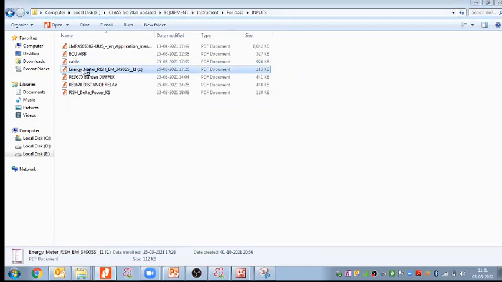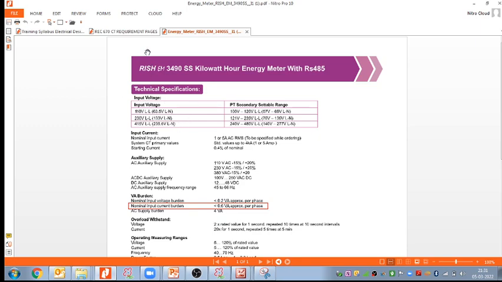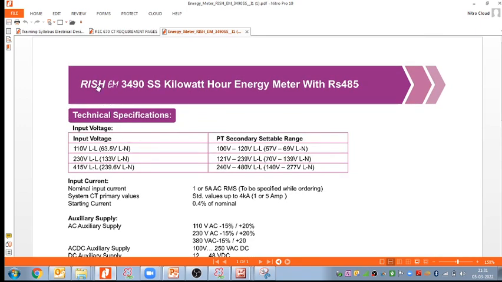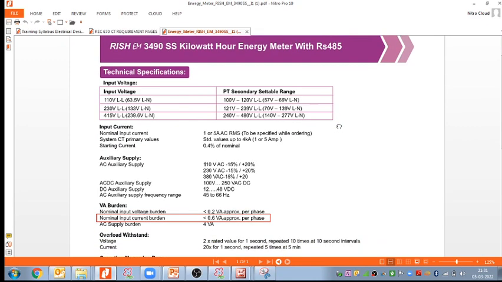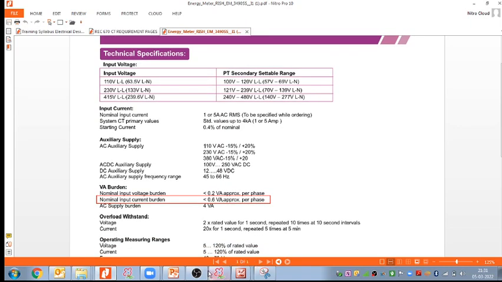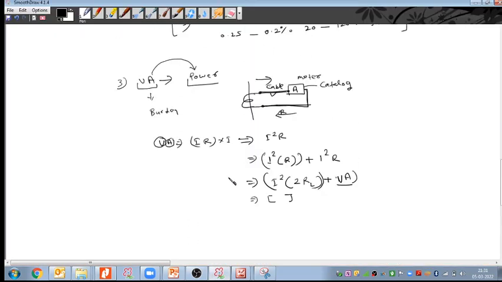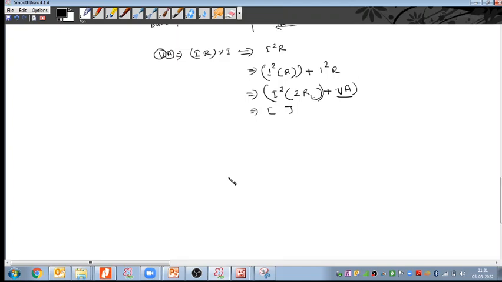So this is the energy meter, suppose a Recep make energy meter. Recep is the energy meter manufacturer. EM 3940 model, kilowatt hour energy meter with RS485 communications. So we can configure the same instrument on the DCS, PLC, or SCADA also, because communications are available in this energy meter. So yes, we are doing the calculation for the burden.